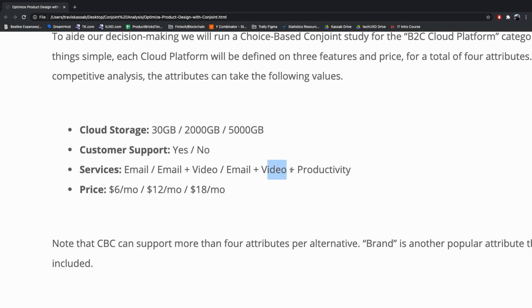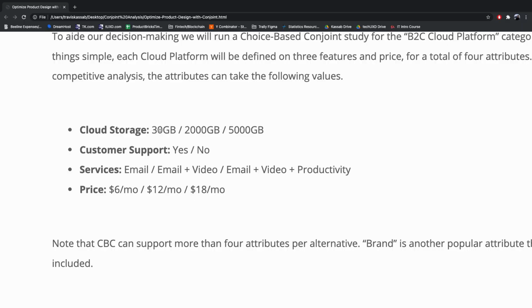Or is it email, video call, and then productivity tools like Google Docs? And then the different pricing tiers, right? $6 a month, $12 a month, $18 a month. So we've broken this product down into its constituent parts, and these are called attributes. And of course, these attributes have levels, right? They have different levels, each of them, right? This has 3 levels, this has 2 levels, this has 3, and this has 3. That's the idea behind conjoint.